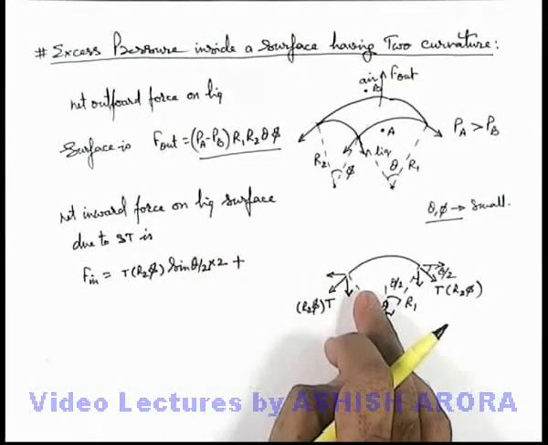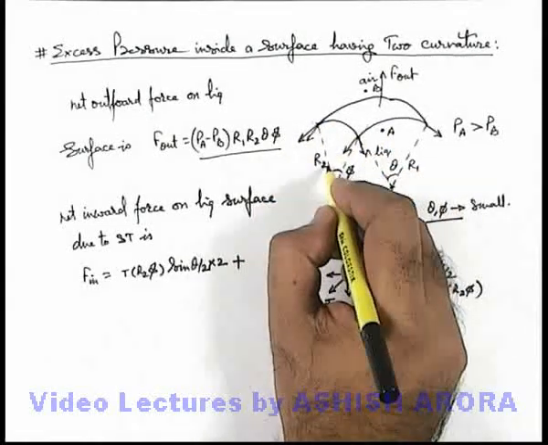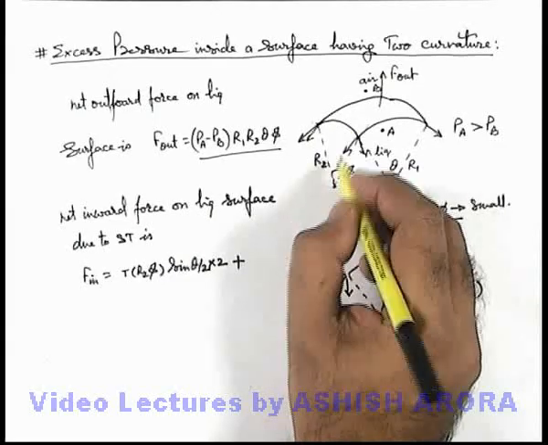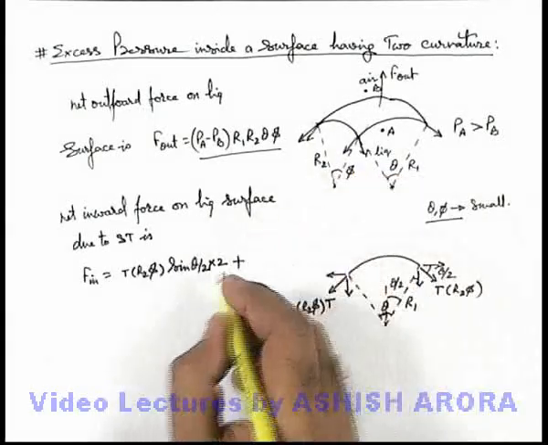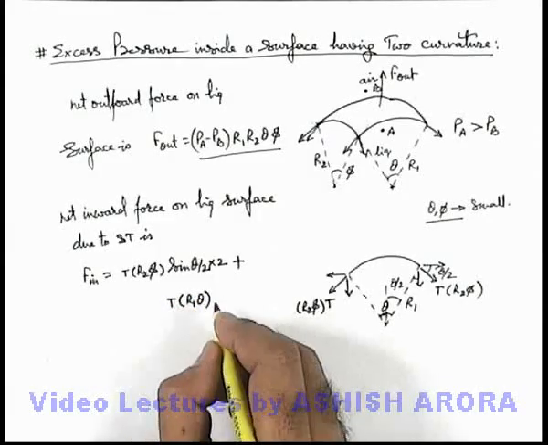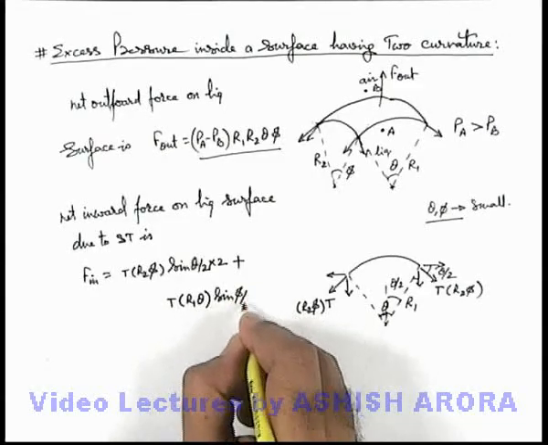Plus a similar force for the other side, where the r2 radius and phi angle are subtended by the surface. In that case we can write T into r1 theta multiplied by sine of phi by 2 multiplied by 2.